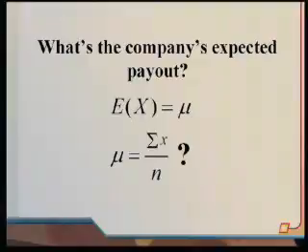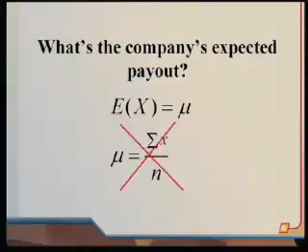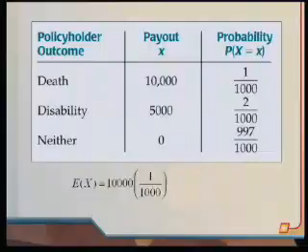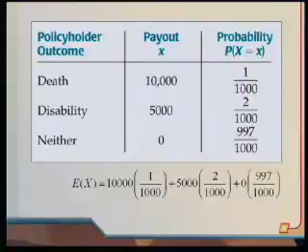We can't find this average the old-fashioned way, though, because we're talking theoretically about all policies the company ever has sold or ever will. In a sense, n is infinite. Instead, we'll use the probability model. The company expects to pay out $10,000 on one policy in 1,000, plus another $5,000 on 2 of every 1,000 policies, plus nothing on the other 997 of 1,000 policies.